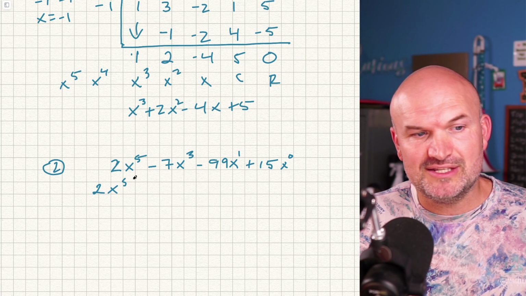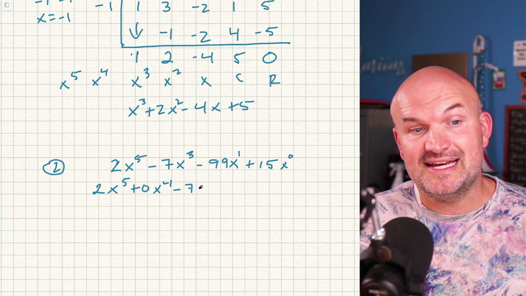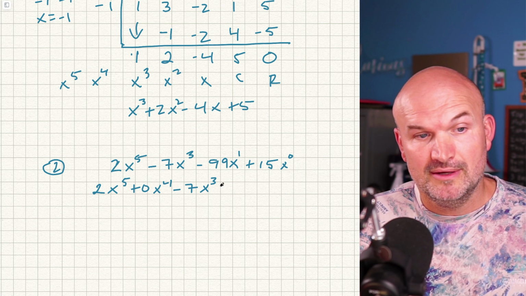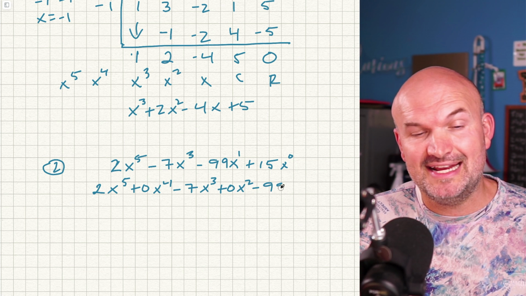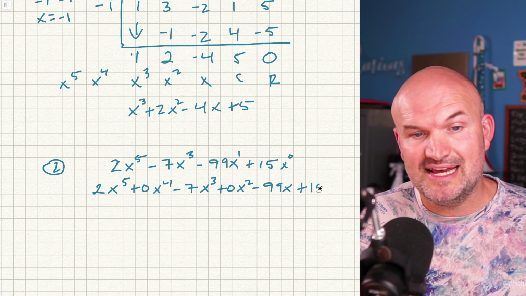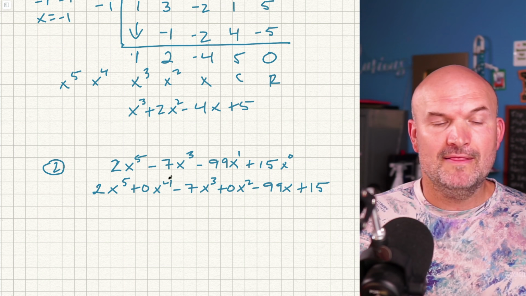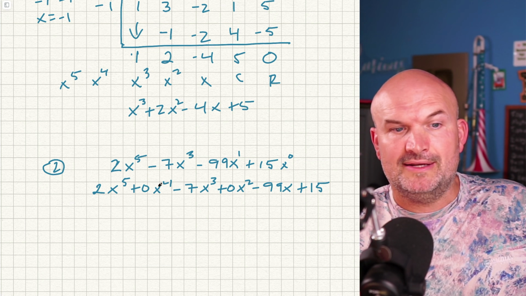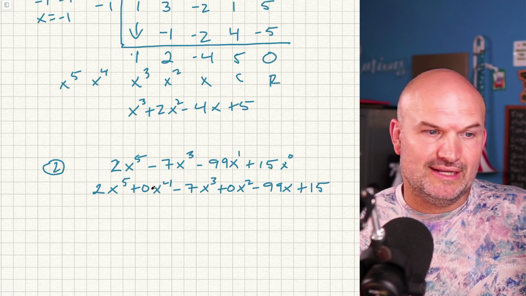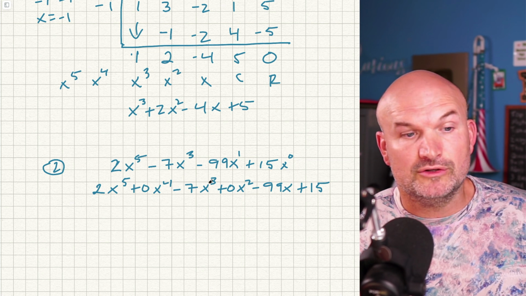I have a 2x to the 5th, 0x to the 4th, minus a 7x cubed, plus a 0x squared, minus a 99x, plus a 15. It's important to recognize that a 0 as a coefficient makes that variable term 0. The reason that's important is you're going to get the problem completely wrong if you don't use those space values.